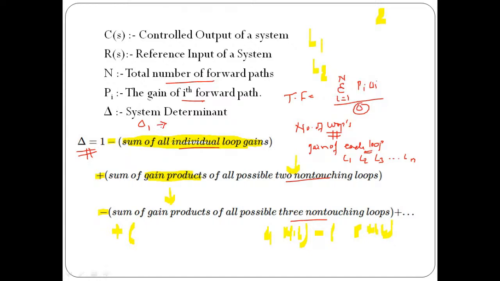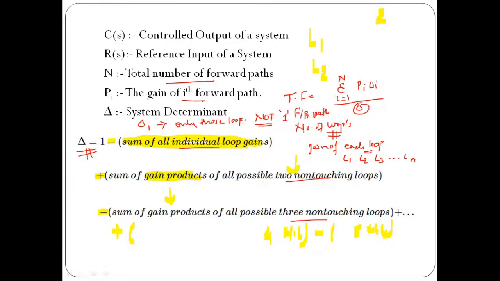This is very important. So while calculating the value of delta 1, we need to take only those loops which are not in physical contact with the first forward path.